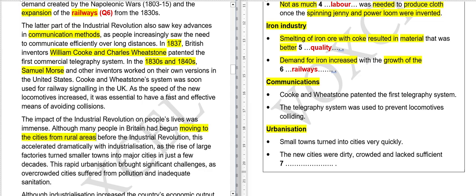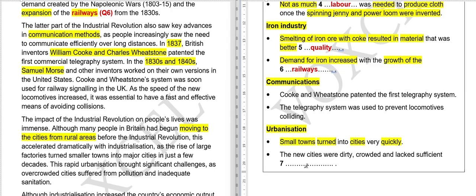Basically, this is something about urbanization. So what is urbanization? Urbanization is basically developing rural areas into cities, or moving from rural areas to cities. So here the first point is saying, small towns turned into cities very quickly. So we have small towns transformed into cities quickly.